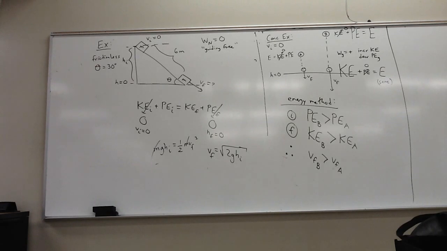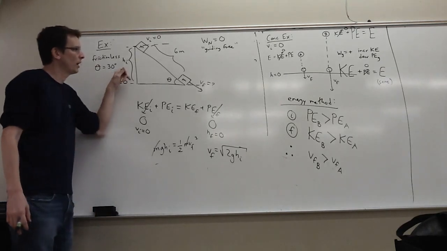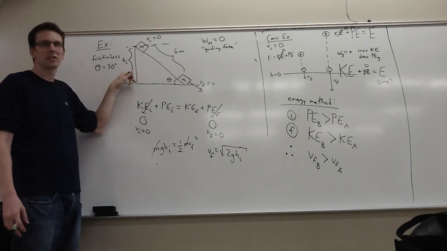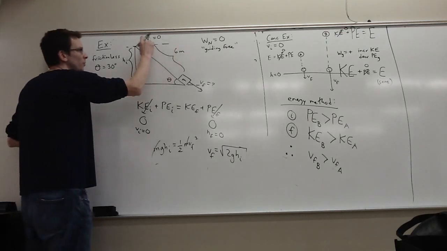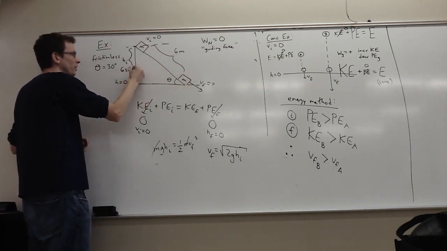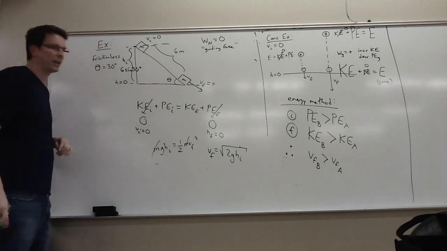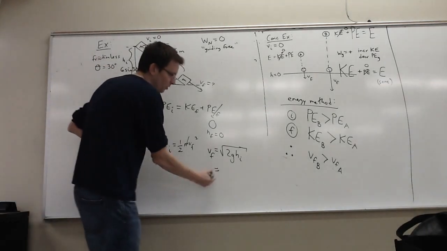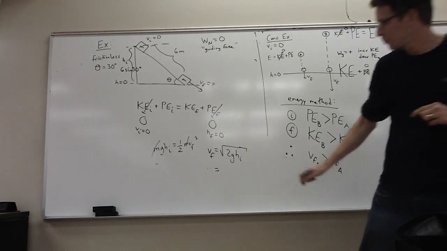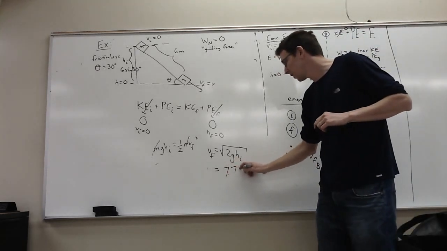Remember that depends only on height change, so I need to know how much did I descend. What is the initial height? 6 sine 30, right? If this is 6 meters, this is 30 degrees, this height that you came through is 6 sine 30. So that's your initial height, you put it in, and you will find that the answer is 7.7 meters per second.